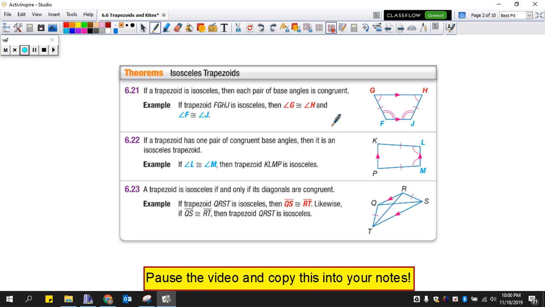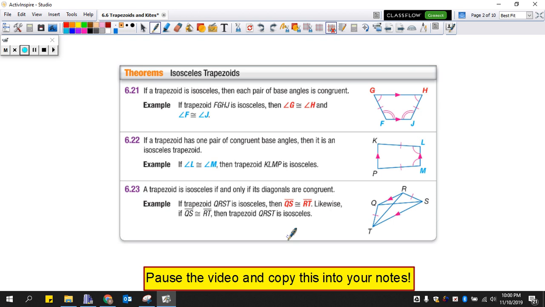If a trapezoid has one pair of congruent base angles, then it's an isosceles trapezoid. That's basically the converse of that. If you know that one set of base angles are congruent, then we know the other set is as well, and we know that the two sides are going to be the same length.